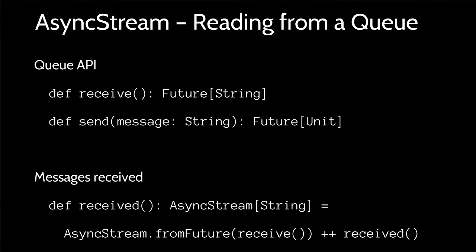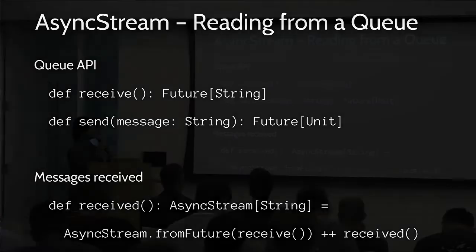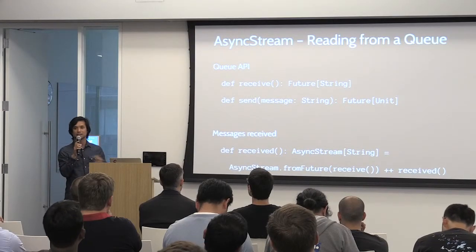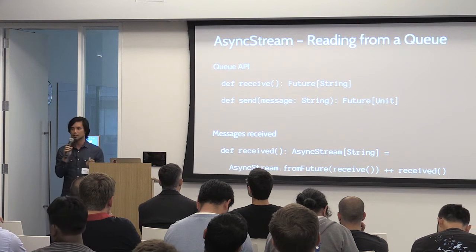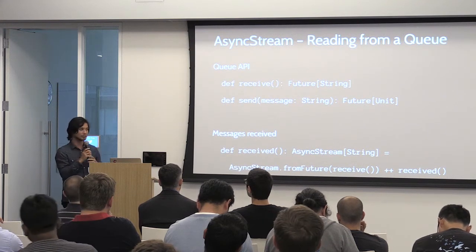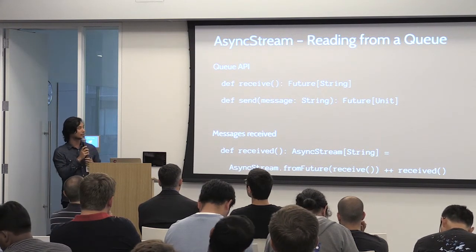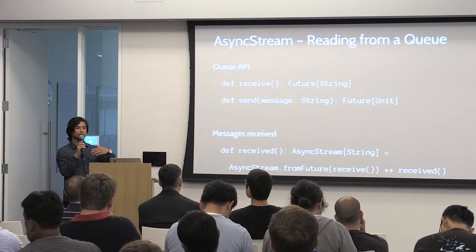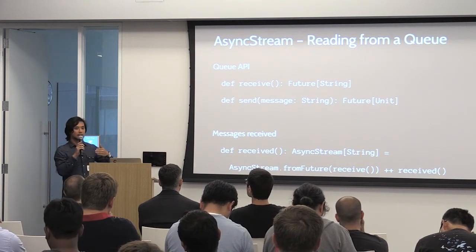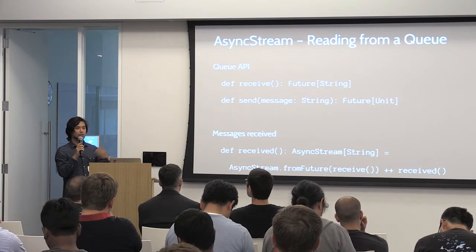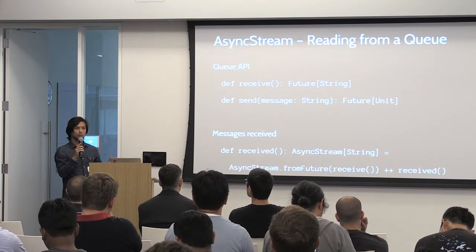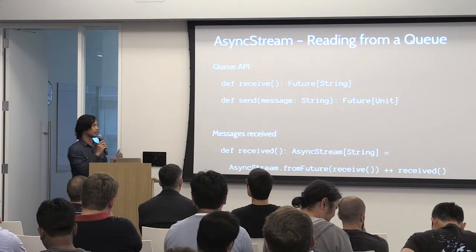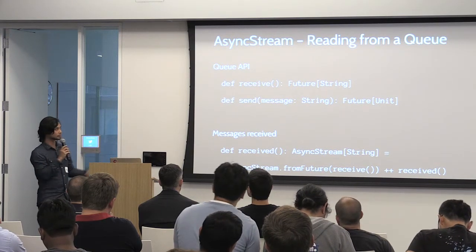So to illustrate all of this, I would ask you to think of a queue API. We have something like this in Finagle called AsyncQueue, in fact. But this can work for any kind of queue where you have some sort of receive or poll, and it returns to you a future of something.